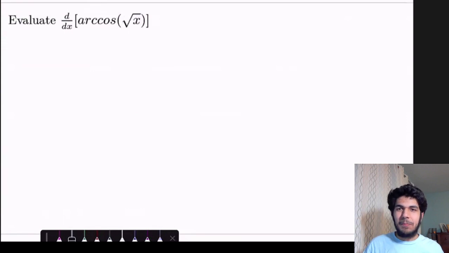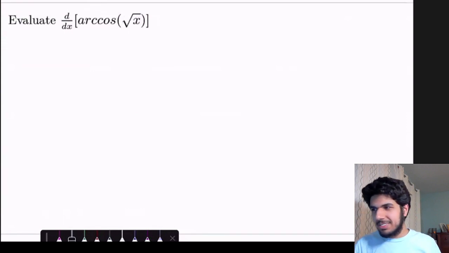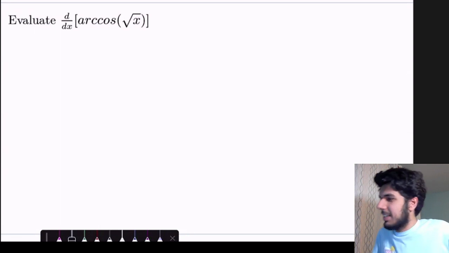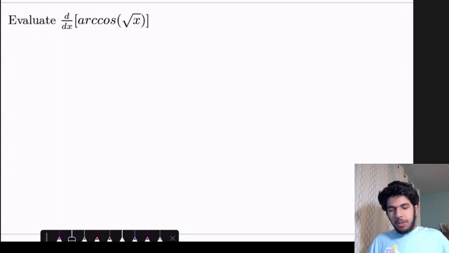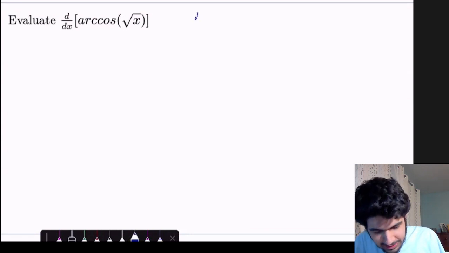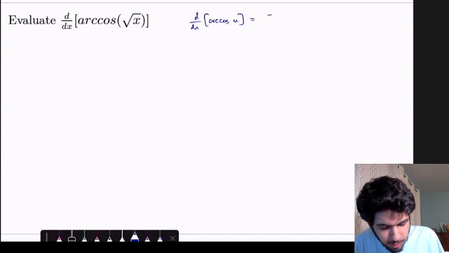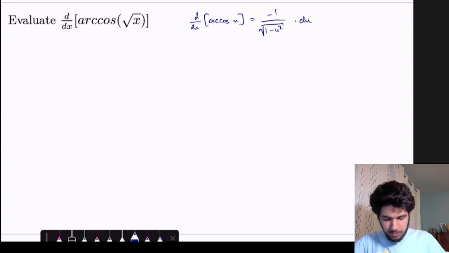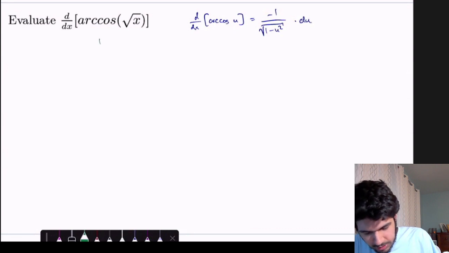Let's do an example. So this hopefully doesn't look too scary. We see an arc cosine, which is okay, because we know how to handle arc cosine of u, right? We just showed that d dx of arc cosine of u is going to be equal to negative 1 over square root 1 minus u squared times du. So let's let u equal the square root of x.